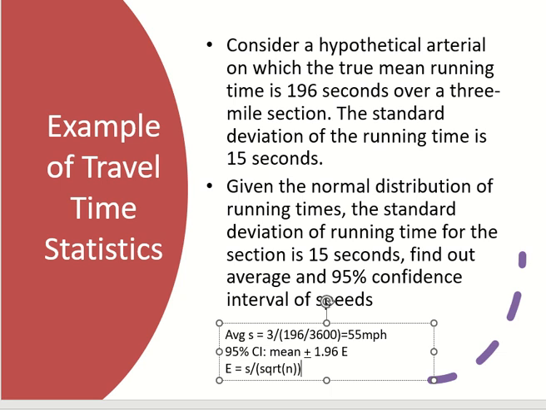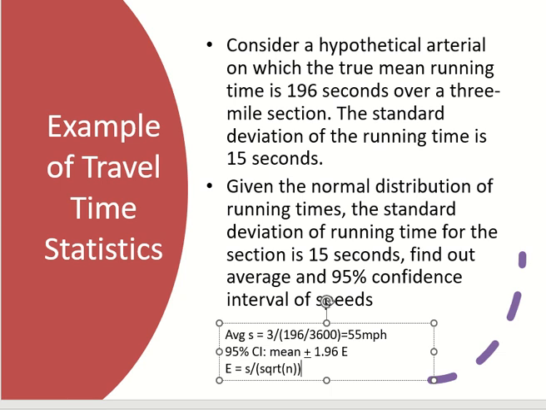Second line. What time is given? 196 is what time? Which mean? True mean. And after mean it was written? Running time. Now understand both terms. Running time means it does not include the stopping time.